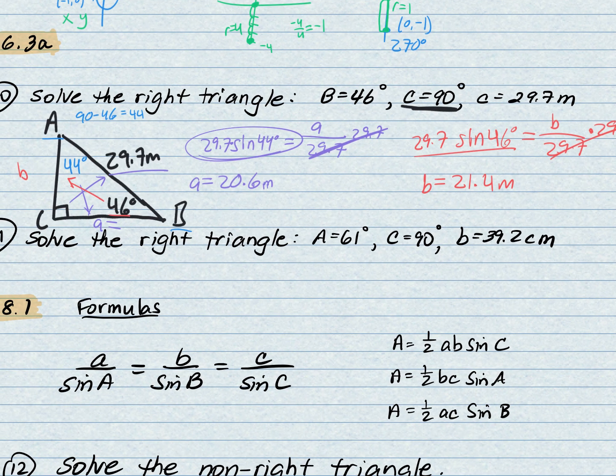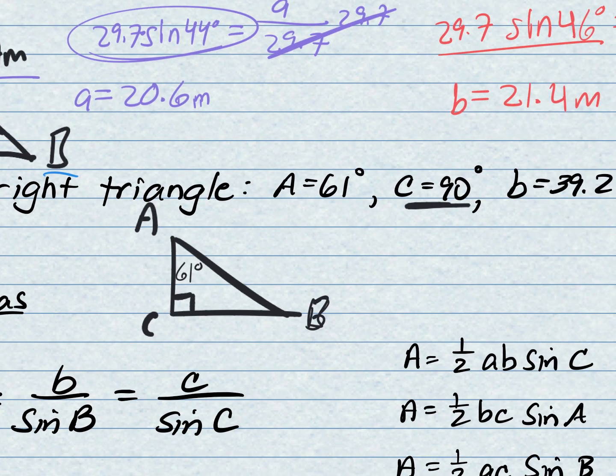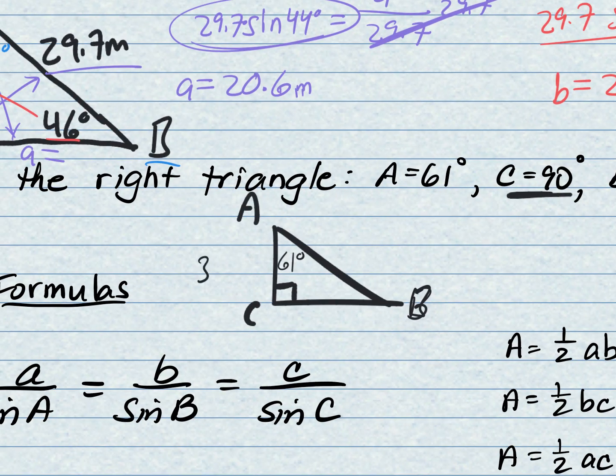All right, so for the next one, we can do the exact same thing. I want to solve the right triangle. We're not given a right triangle, so we can draw one. I know that my angle C is 90 degrees. A, we know that that's 61. We don't know what B is, angle B, but I know side B is 39.2 centimeters.